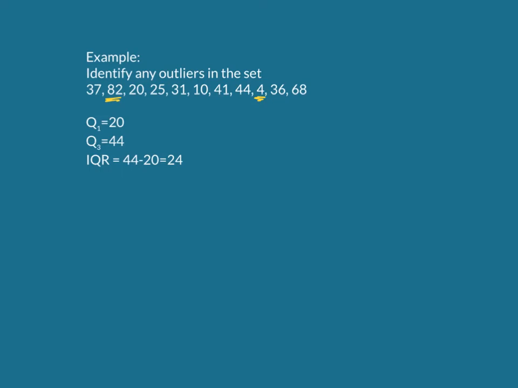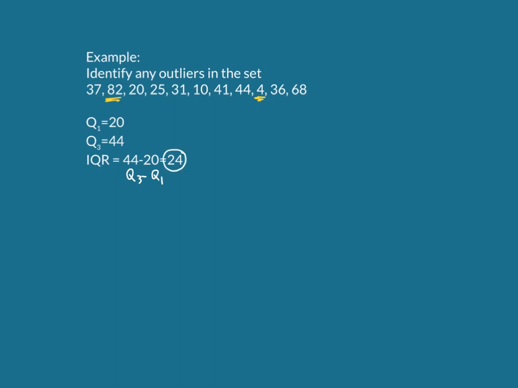So, using your favorite technology, Excel, TI calculator, whatever, type our data set in and use that to find Q1 and Q3. So I have used my TI calculator, and it gives me that Q1 is 20 and Q3 is 44. And so the interquartile range, Q3 minus Q1, is 24.